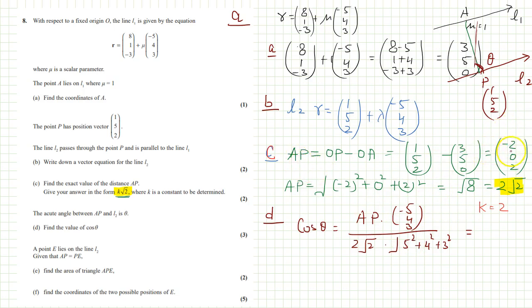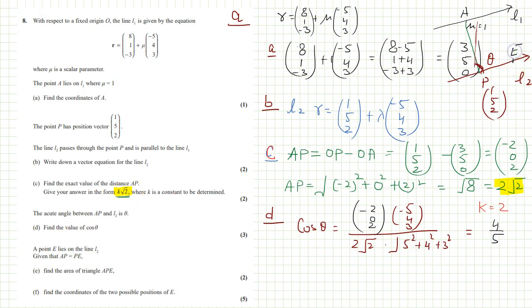Now AP we have calculated (-2, 0, 2), so if you calculate, the cos theta will be 4/5.